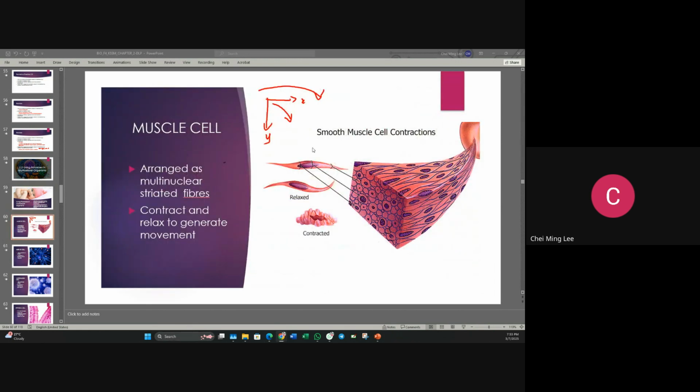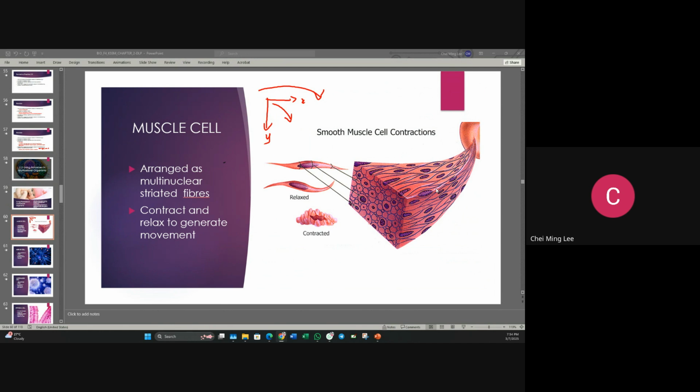Okay, so now the first one, muscle cell. It is arranged as a multinuclear striated fiber. Multinuclear striated means that, because it's long, it's a thin and long fiber, and inside a fiber there are lots of nuclei of the cell. So it's called multinuclear, many nuclei. Striated fiber means that they bind together.